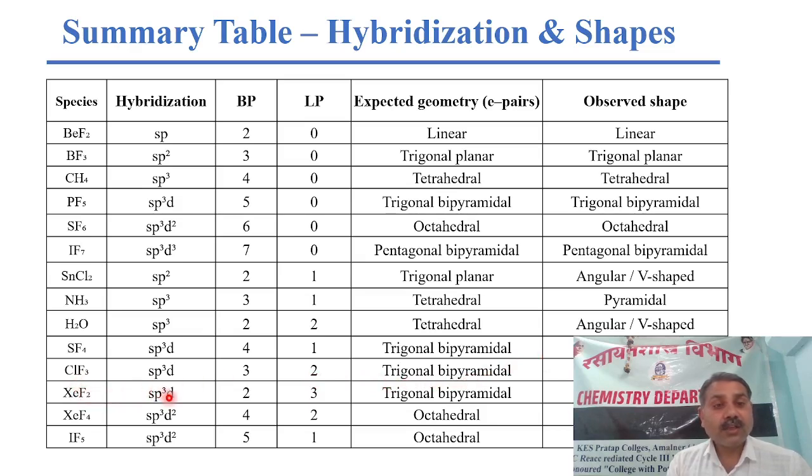The XeF2 molecule has sp3d hybridization with 2 bond pairs and 3 lone pairs. The expected geometry is trigonal bipyramidal, but the actual shape of the molecule is linear, with the 3 lone pairs occupying the equatorial positions and the 2 fluorine atoms, that is the bond pairs of electrons, occupying the axial positions, therefore the molecule is linear.